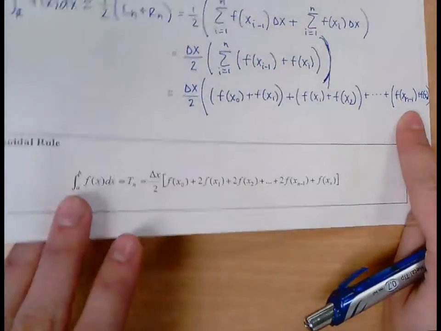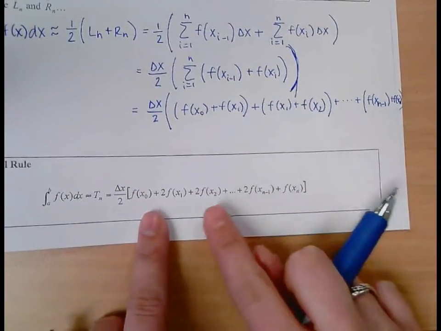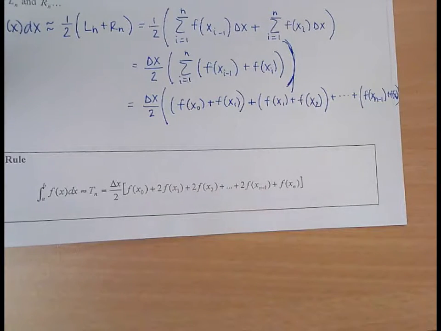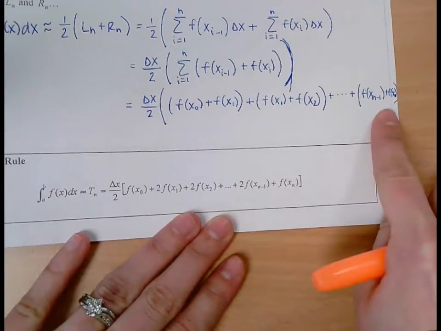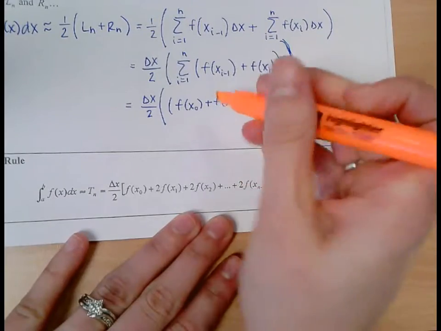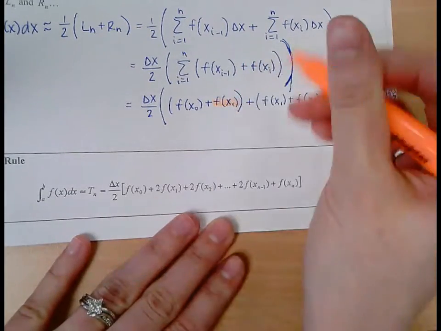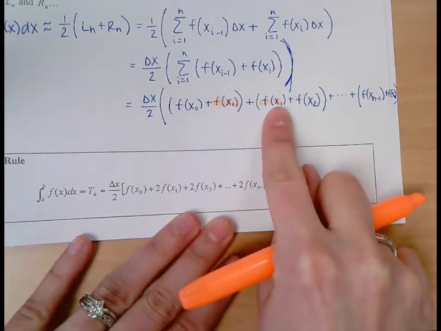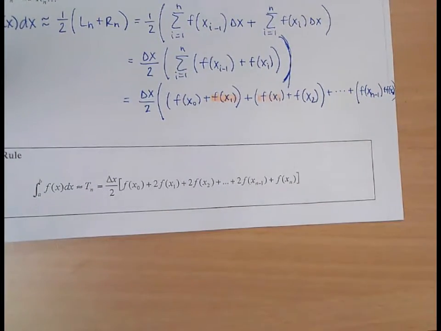But what I want you to see, because down here, notice in the final, they have some of the function values multiplied by 2. And this is why. Notice, now all of these are really just added together. But notice f of x sub 1 was the right endpoint in the first interval and the left endpoint in the second. So that's getting added together twice. And that would actually happen for all of the middle values.